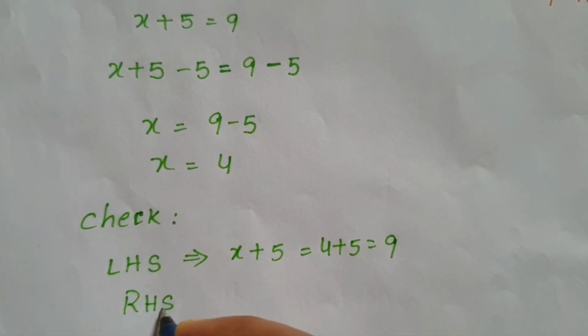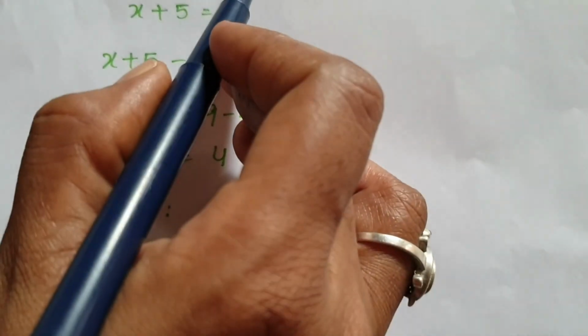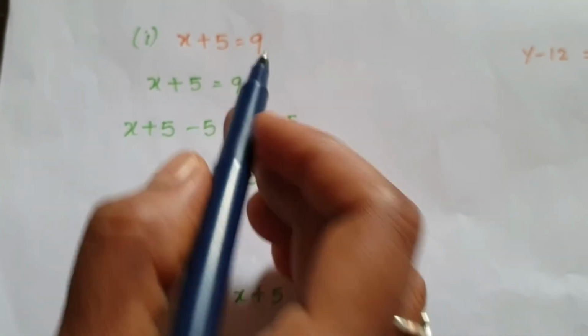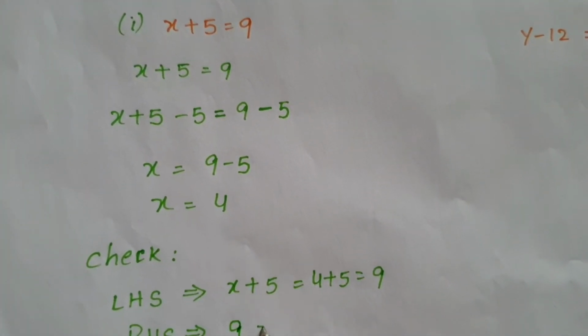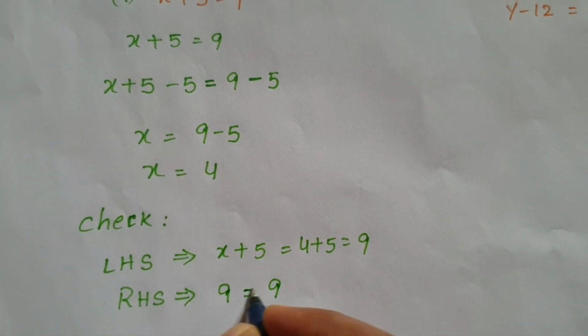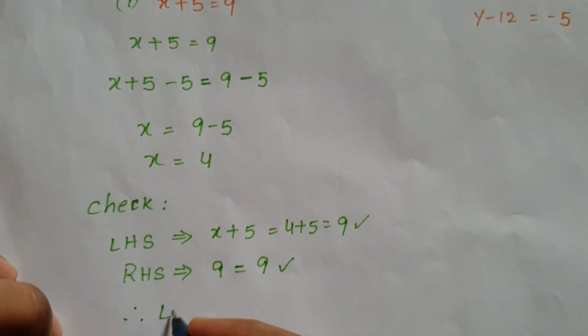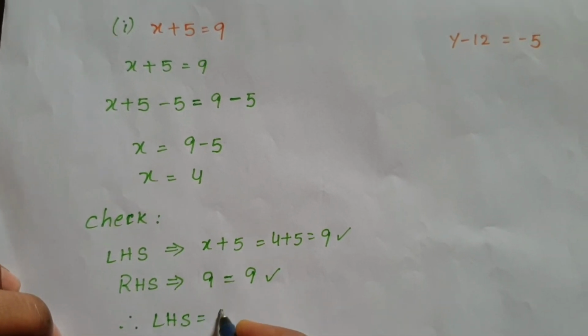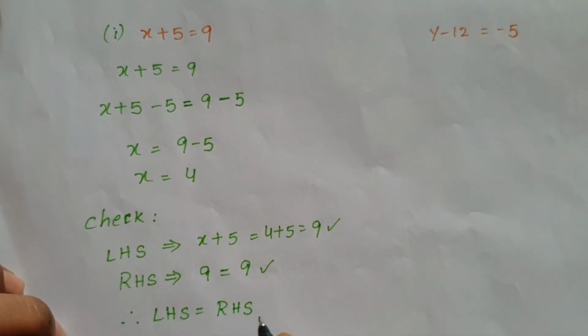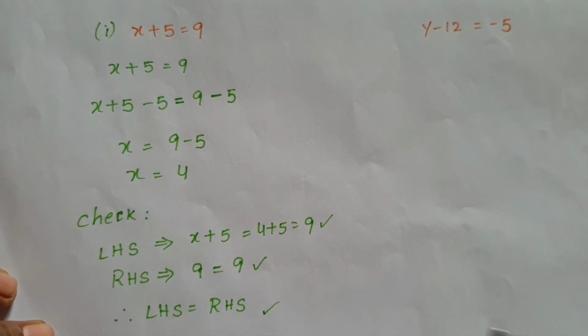RHS, take. RHS here is 9. 9 equal to 9. Here observe, LHS equal to RHS. Therefore LHS equal to RHS. This is the answer.